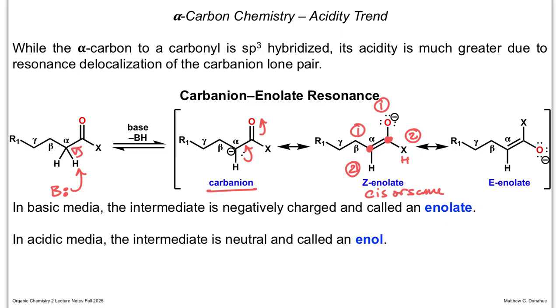The neutral version of that is called an enol. That just means the oxygen has an H. So enol is a combination of alkene and alcohol. So you have an alkene and then an alcohol.